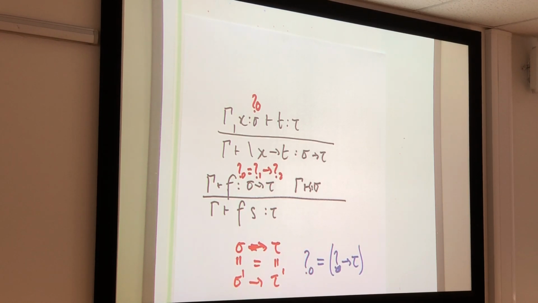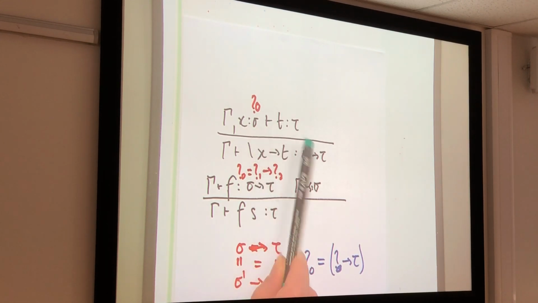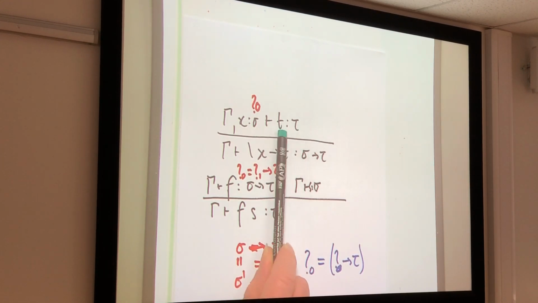Okay? So the rule for lambda is okay if we're doing type checking, right? If somebody gives us this type, sigma arrow tau, for this lambda term, then that tells us what sigma to put in the context for the variable. And it tells us what type to check for the body of the lambda.